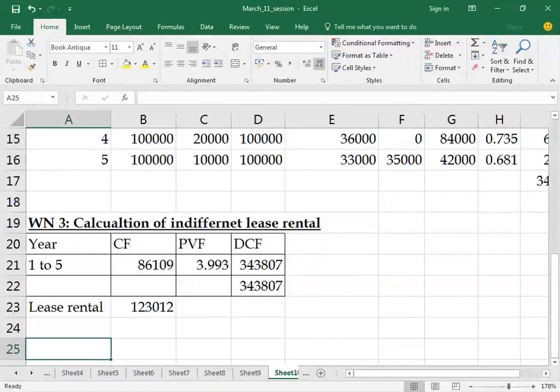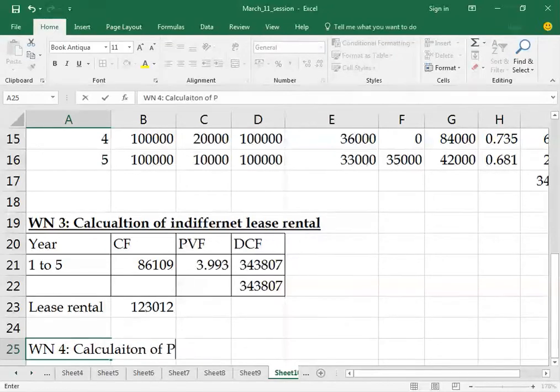Any doubts on indifferent lease rental? Working note 4, calculation of present value of loan lease option. Rental of 1,20,000.